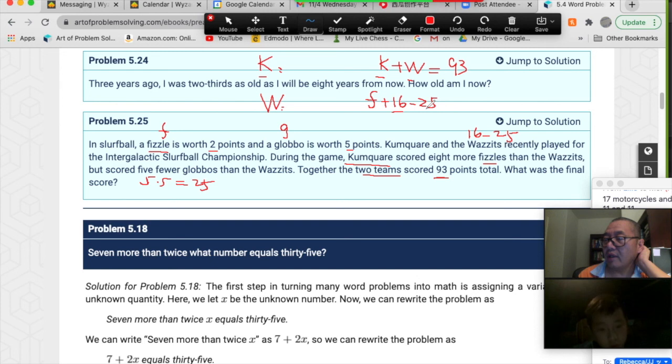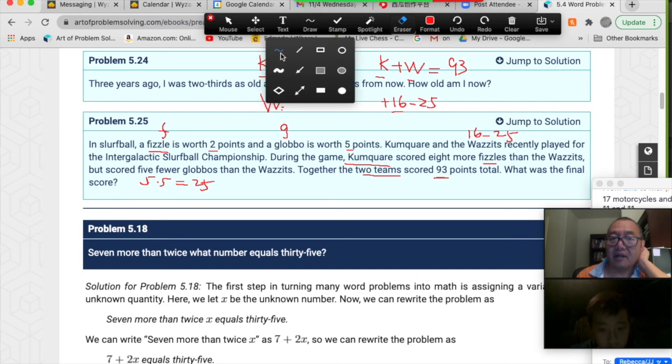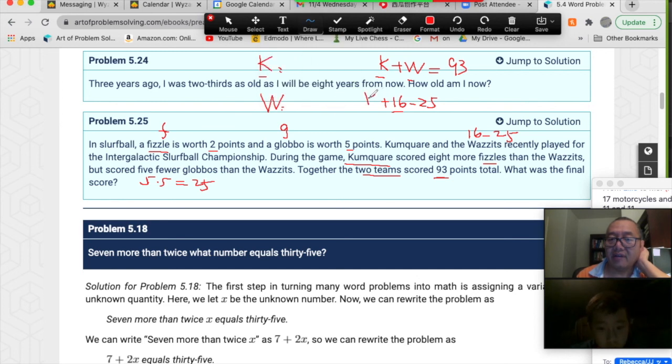Here, this is team K. Their score has 16 more, but 5 times 5 less. So compare with W.